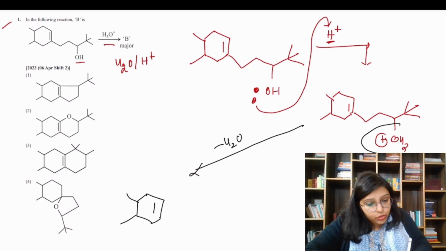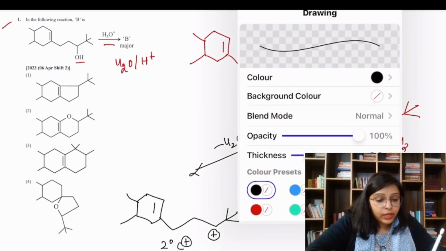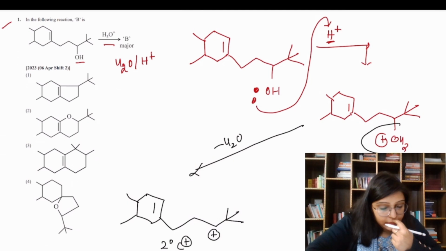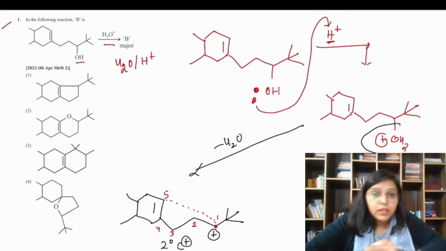We have the formation of carbocation over here. So this is 2 degree carbocation, right? This is 2 degree carbocation. ठीक है? अच्छा, अब now here two things can happen. See, if we have carbocation over here, so if we form bond like this, so we have the formation of 1, 2, 3, 4, 5, 5-membered ring.